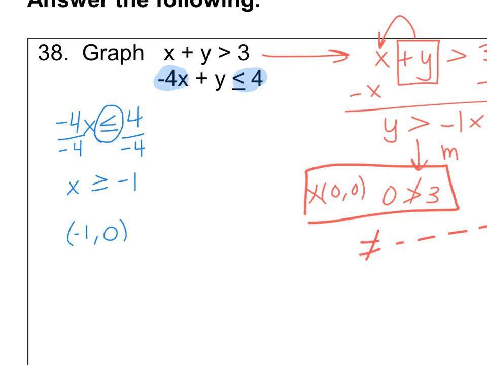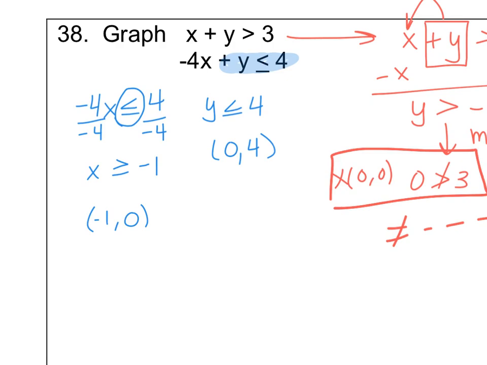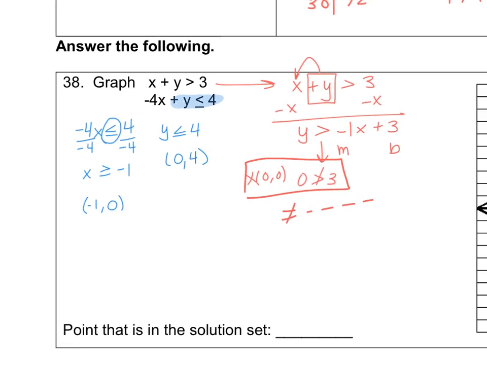Then I want to do the same thing where I only focus on the y part of it. I'd zero out x, so I'm not paying attention to it, and I'm only using the y part. Well, that makes it real simple. It's just y is less than or equal to 4. So that means I have a y-intercept at 0, 4. The other thing is we can look at just those axes and figure out which direction to go.